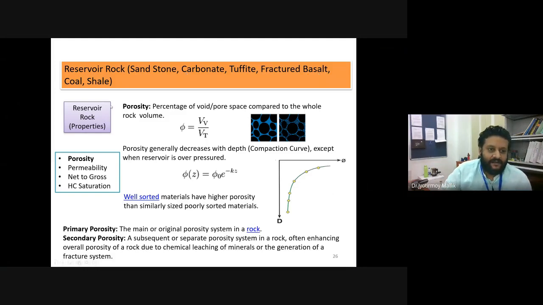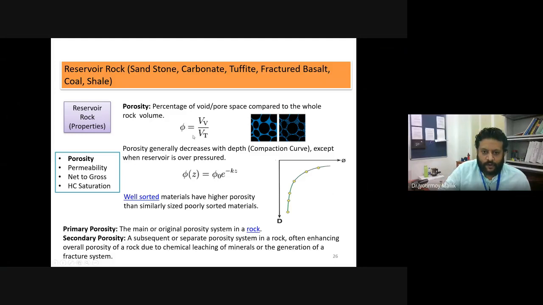So, as we said, the reservoir rocks must contain certain parameters. For example, porosity, permeability, net to gross, and hydrocarbon saturation. In today's class, I will only discuss porosity, and then in the next class, while we interact, we will keep on discussing the rest of the parameters. So, porosity is the percentage of void or pore space compared to the whole rock volume.